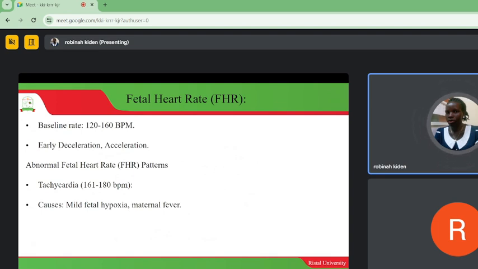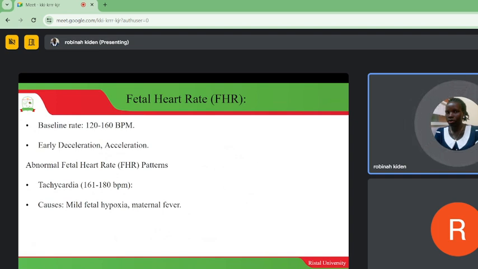Once it becomes lower than 120 beats per minute, or higher than 160 beats per minute, then there is a problem. Early deceleration and acceleration, we have already talked about them.